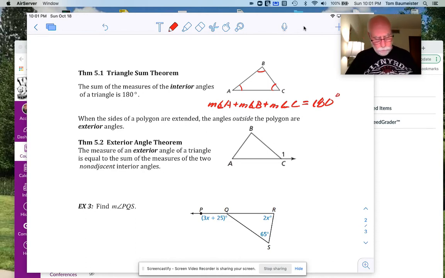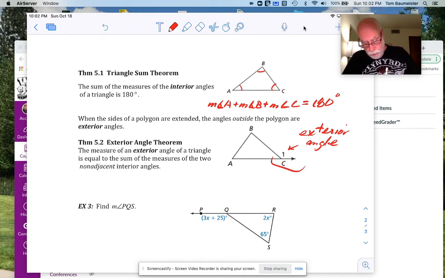It's that simple. Okay. Now, when the sides of a polygon are extended, the angles outside are called exterior angles. So the interior ones, you can see they're in there. On this one right here, what it is saying is that this one here is an exterior angle. Okay, so this one here would be adjacent, because remember, adjacent means next to.